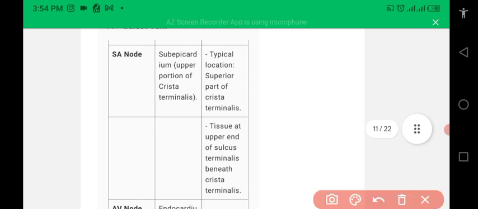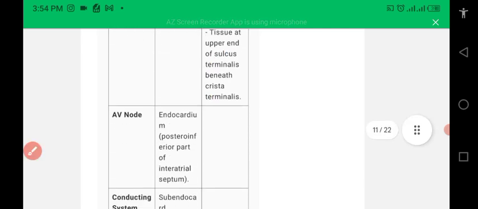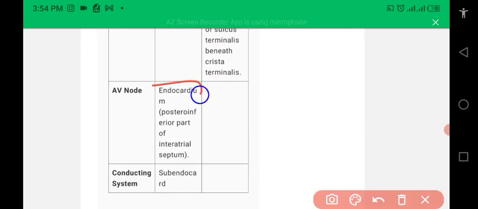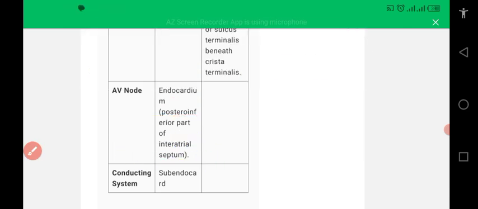Now the SA node is located in the subendocardium of the upper portion of the crista terminalis, in the superior part of the crista terminalis, beneath the crista terminalis. So this is the anatomical landmark of the SA node. The AV node is located in the endocardium of the posterior part of the interatrial septum.